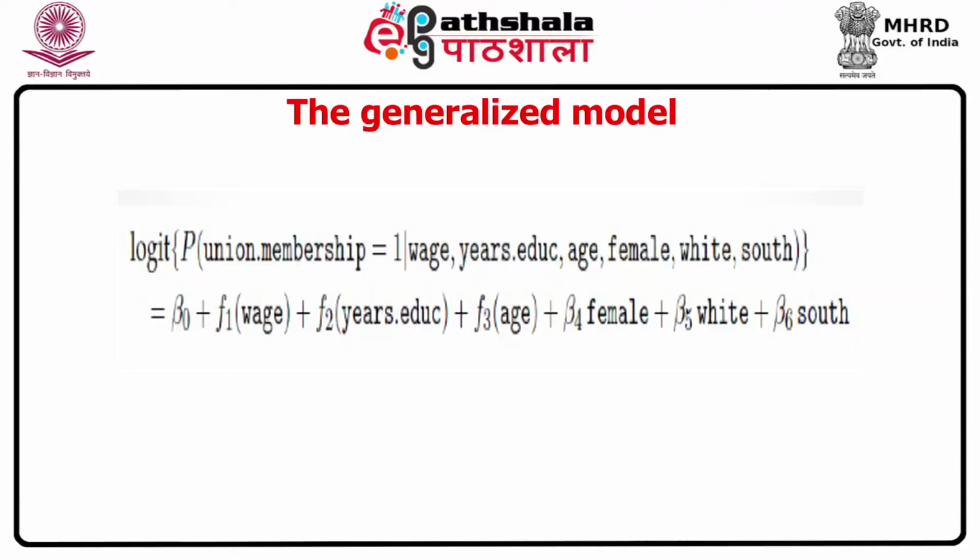Because I have three separate functions for three separate covariates, and they figure in the logit of the model as a sum, F1 of wage plus F2 of years of education plus F3 of age, this motivates the idea of additive. So the effects of the covariates are additive, which explains the additive part of the GAM. I'm looking at generalized outcomes, which explains the G part. So this is one example of a GAM.